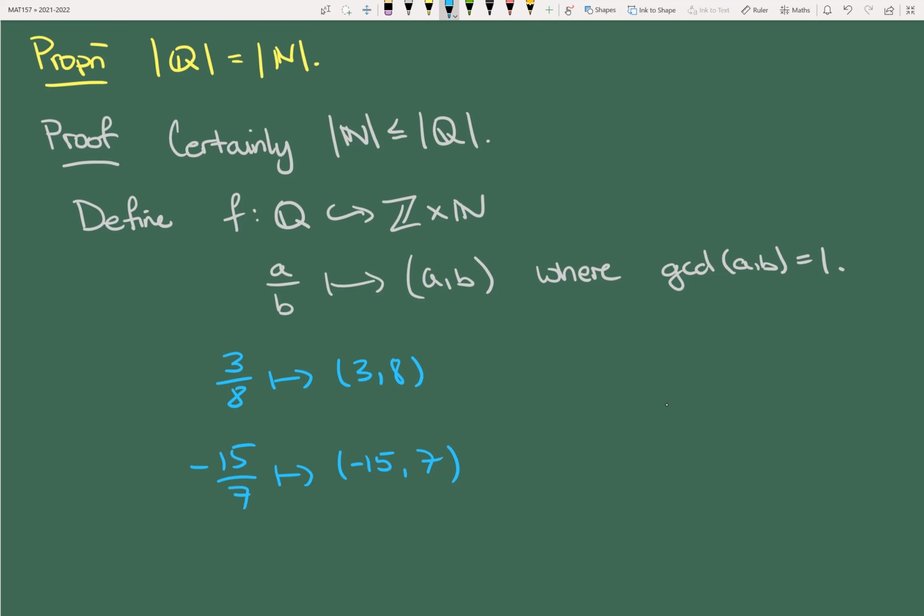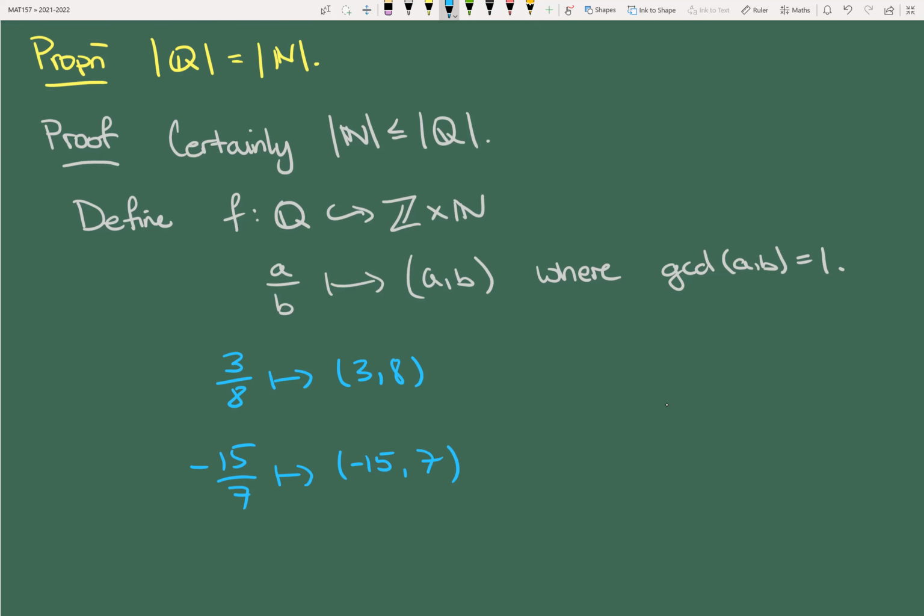What do you mean by there are no repetitives? The question is whether or not this map is injective, right? So is that what you're asking? Right, and we're saying no. In order to figure out what 4/8 is, you first have to reduce it to lowest terms, 1/2, and then map it, right?